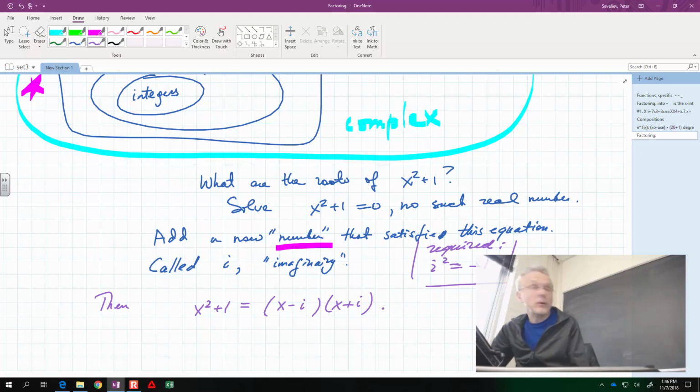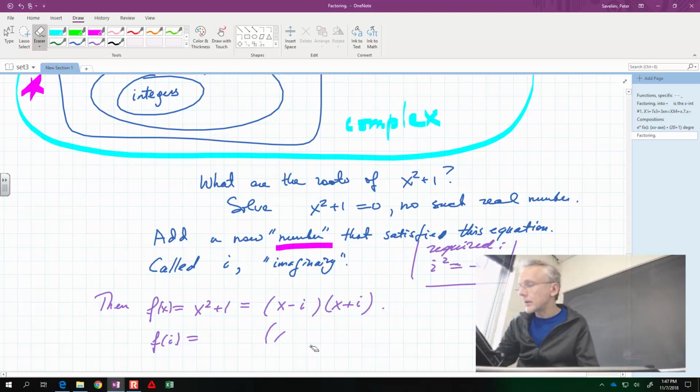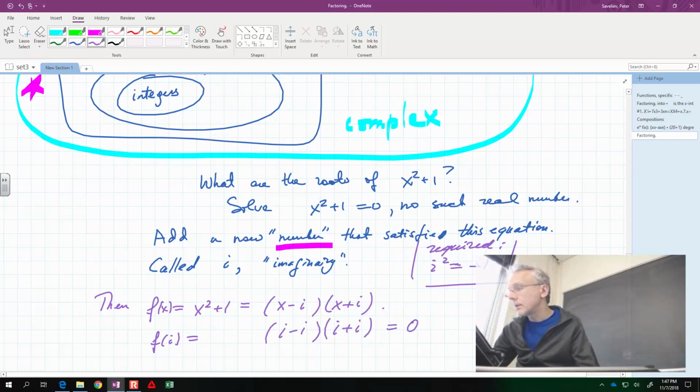So this is my f of x. If I plug in i, not x minus i, but rather I replace x with i, what do I get? I get i minus i times i plus i. So it is 0 times 2i, which is equal to 0.